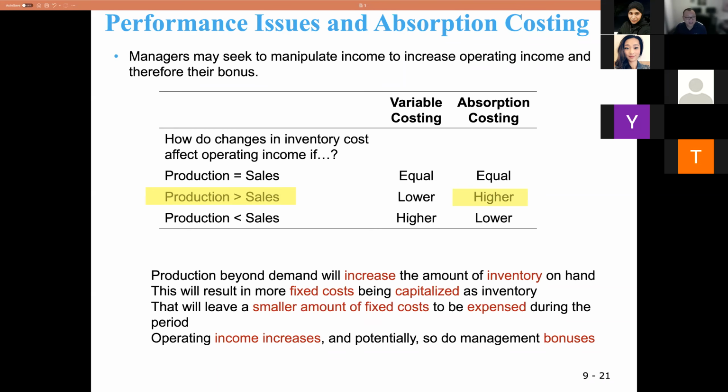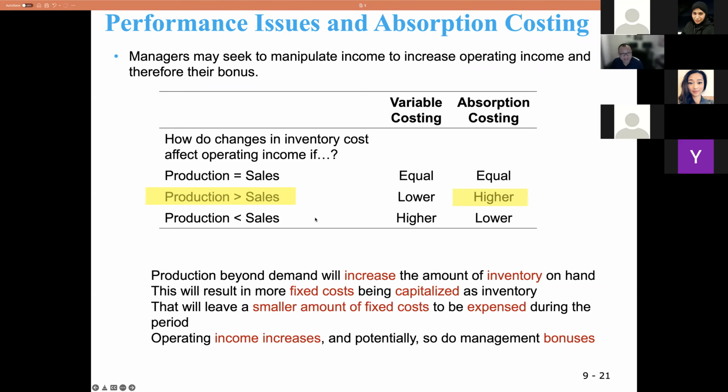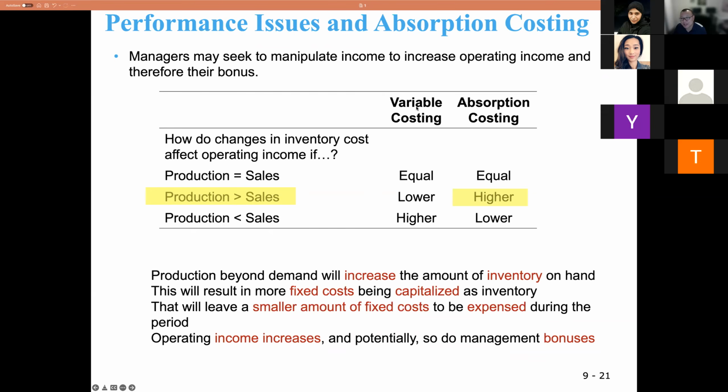What about underproducing? If they underproduce, this is higher, right? Do you think they want to underproduce to make a higher operating income under variable costing? During a slower season, you might. But in general they probably will not do that, right?